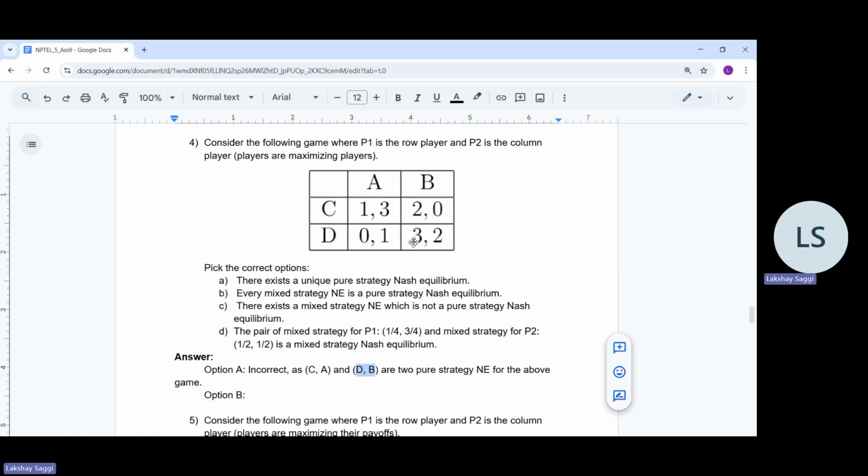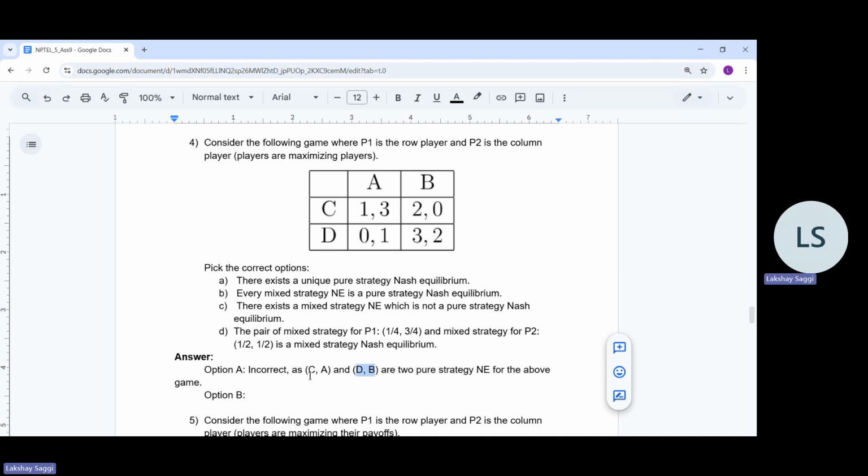And what do I mean by their linear combination also being a Nash equilibrium? Okay, maybe let's just skip this.